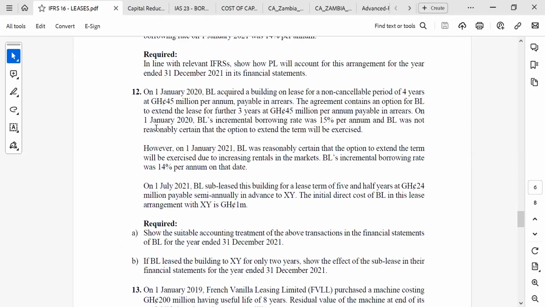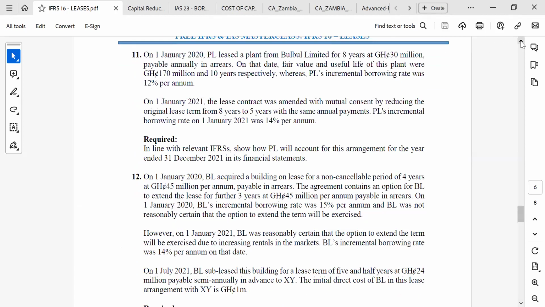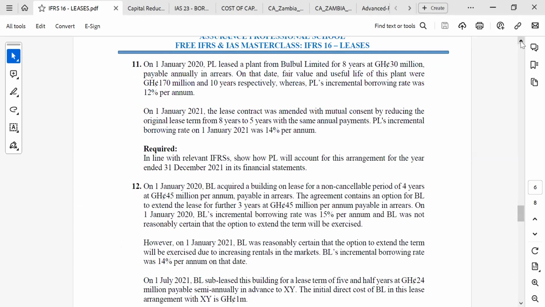Okay. Question number 2. Hello, sir. Yes, please. With the reassessment, why did you use 1 up to 4, but not 1 up to something else? Reduce from 8 to 5. Okay, they say on January 2021, the lease contract was amended with mutual consent by reducing the original lease term from 8 years to 5 years with the same annual payment.